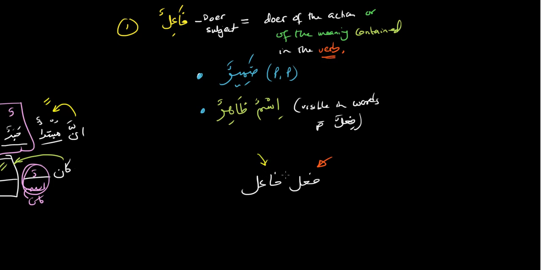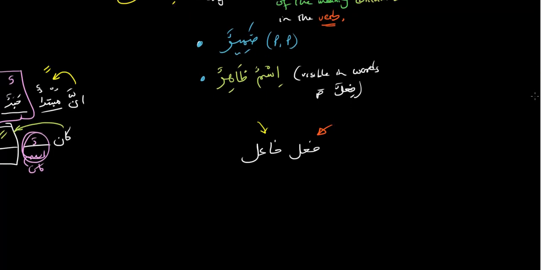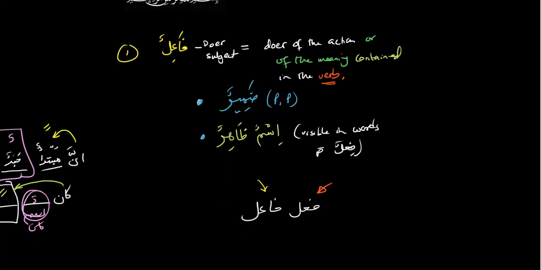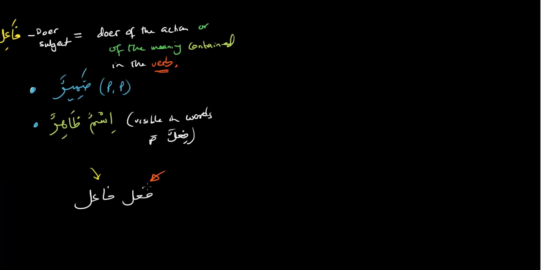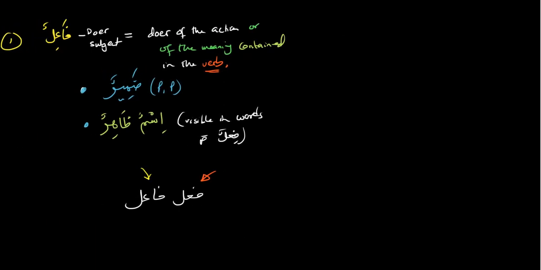So the fi'l that is used, which one of the 14 sighas, depends on what the fa'il is, okay. That's what we're going to talk about over here. There are 8 different scenarios here, so I'm going to go down the list.